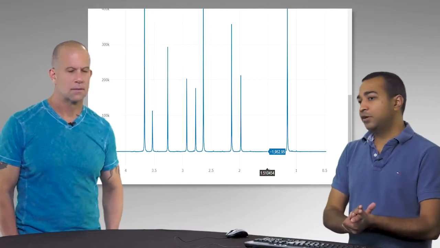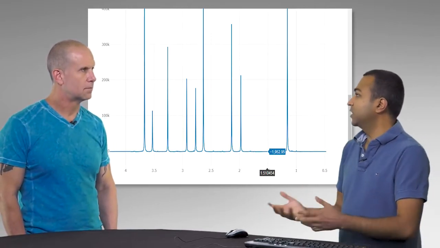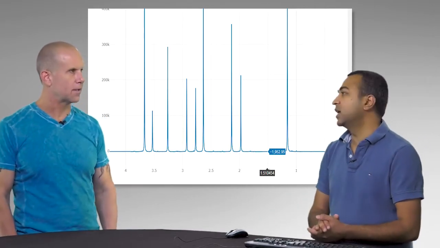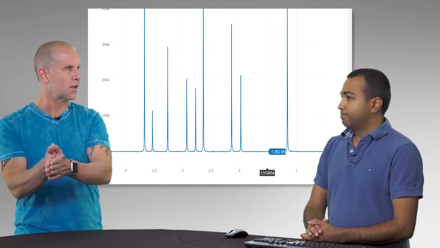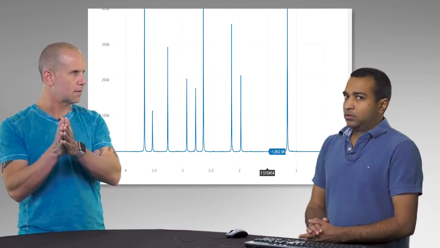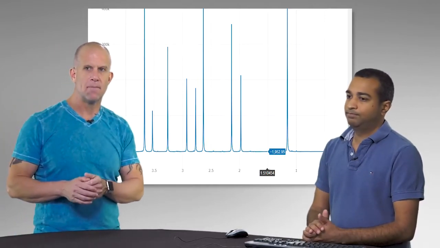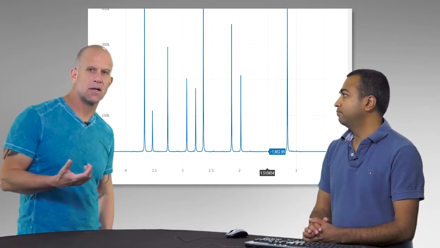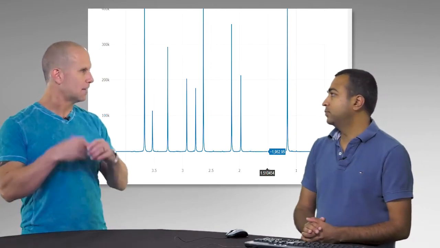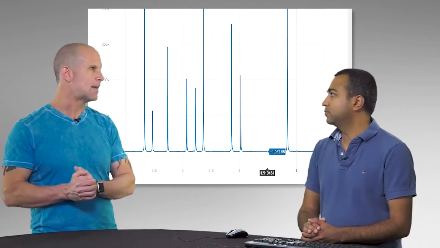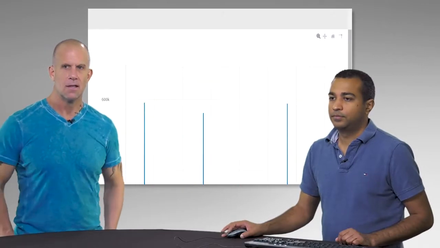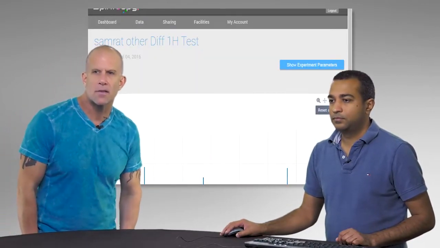It doesn't really allow you to do integrations, or re-reference things or anything like that. So it's assumed that it's referenced correctly from the program you ran. And like you said, it's really meant just as a quick overview, not to do all the data analysis and processing.